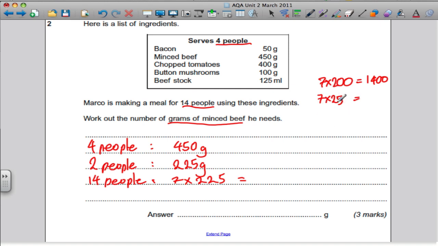Well, 4 times 25 is 100. So 7 times 25 is equal to 175. So you add those two things together and you get 1,575 grams. So the final answer is 1,575 grams.